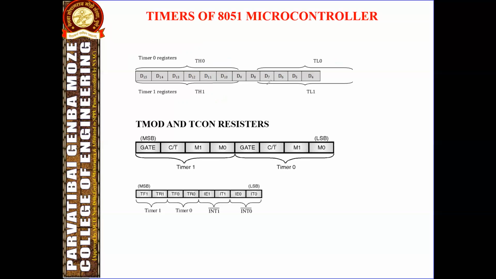The counter action is controlled by bits in the SFR timer mode control register called TMOD, and the timer control register called TCON. Each is an 8-bit register. This figure shows the TMOD register, and this figure shows the TCON register.